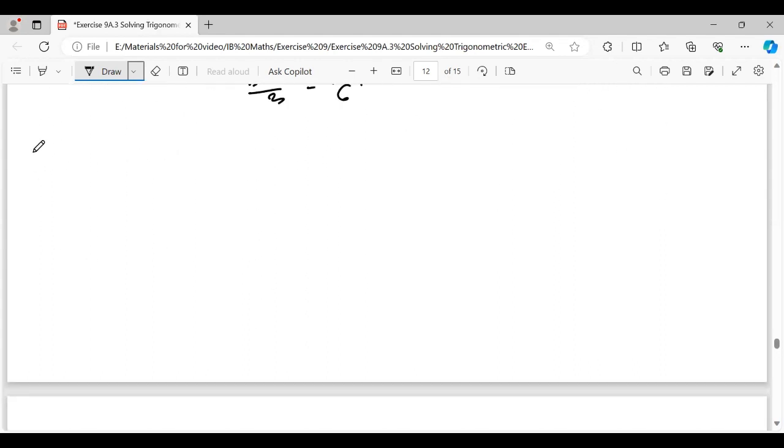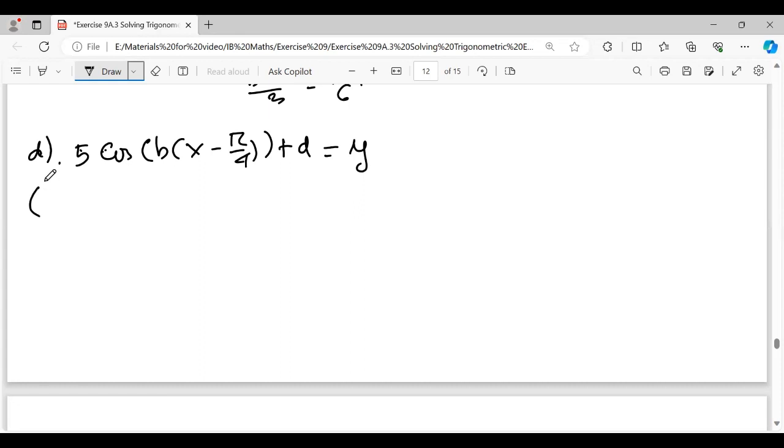In D, I'm going to check the space. Okay. D is y equals 5 cosine bx minus pi over 4 plus D. Y here is pi over 4, the coordinate point, comma 1.